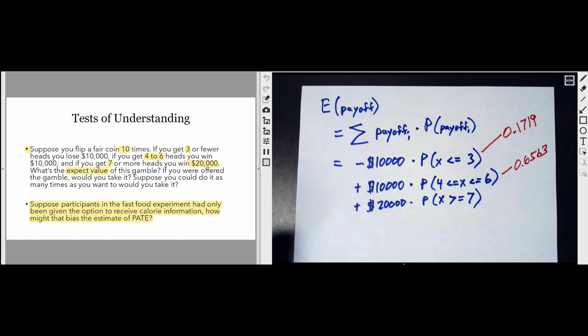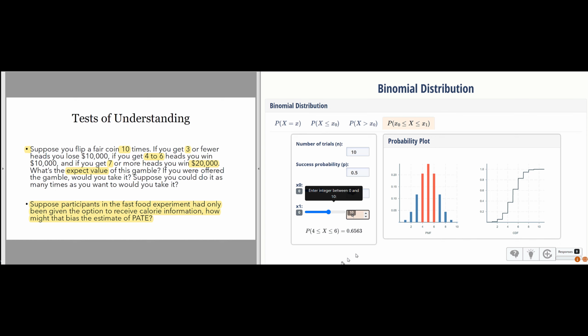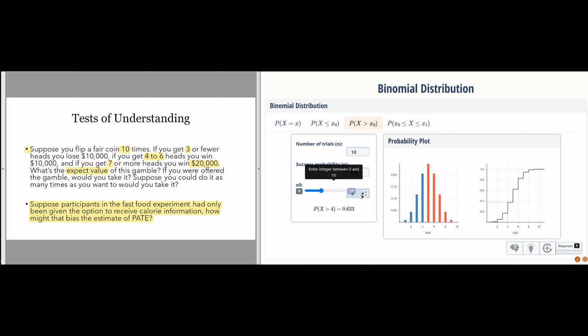And then, well, one way we could compute the third probability is to just compute 1 minus each of these two, but I'm too lazy to do that, so let's ask our widget to do it. The probability of X being greater than or equal to 7 is the same as the probability of X being greater than 6. And so that's also, unsurprisingly, 0.1719.